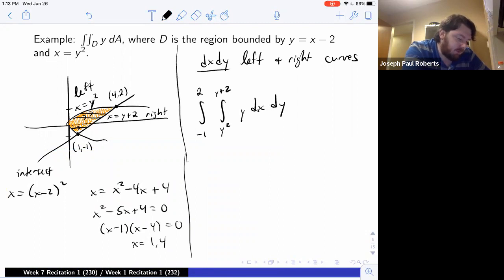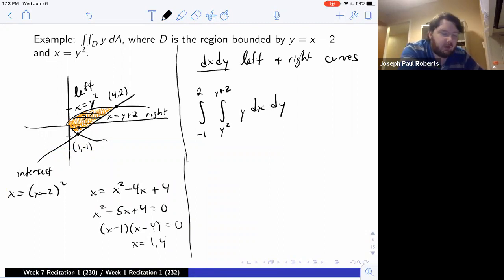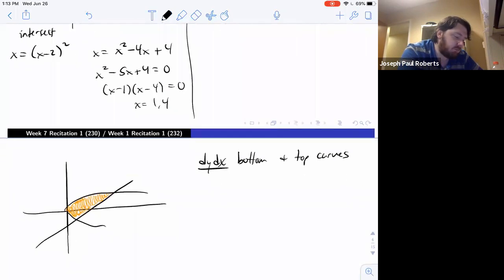Okay, but then let's just practice doing it dy dx. So dy dx is actually going to be a little bit more of a pain, because we see that the bottom curve sometimes is the parabola and sometimes is the line segment.